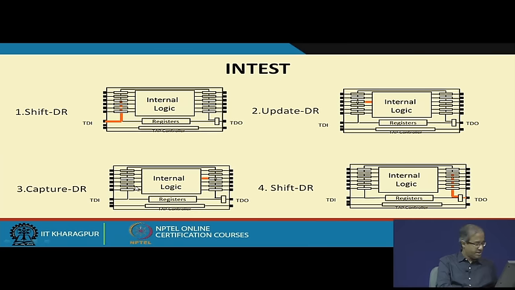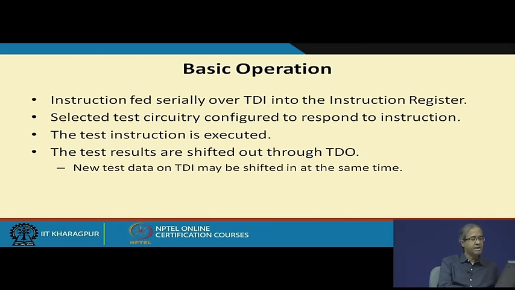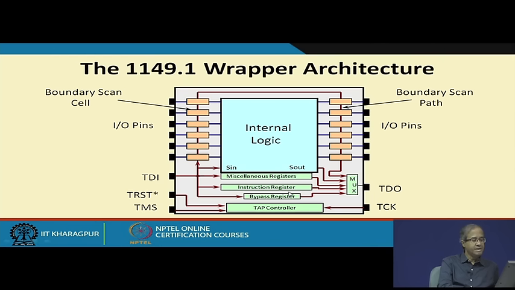Let me also look at one thing, let me go back to that wrapper diagram. Here you see that in addition to the boundary scan cells, there can also be a scan in and scan out pin for this internal logic.